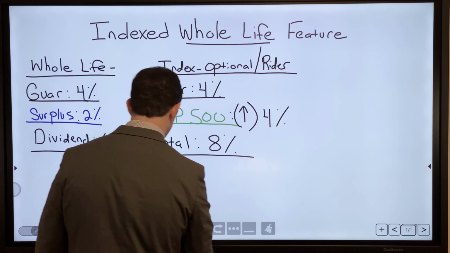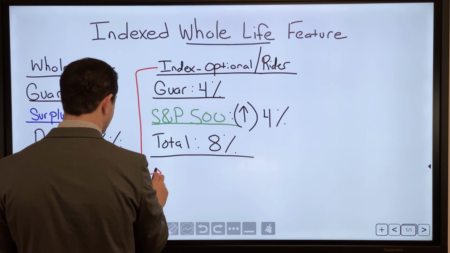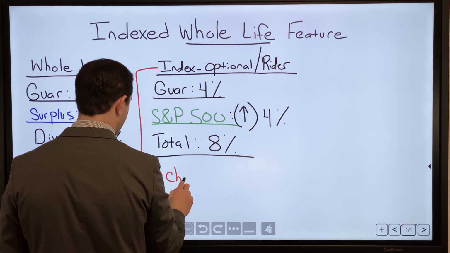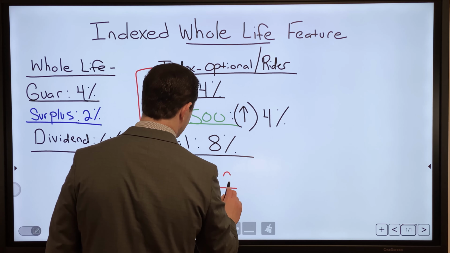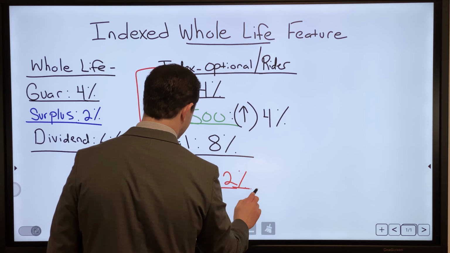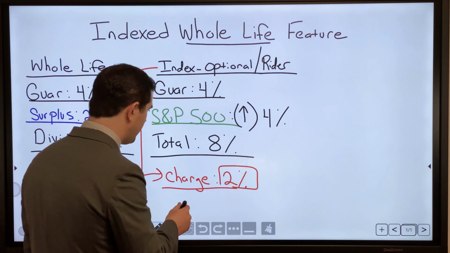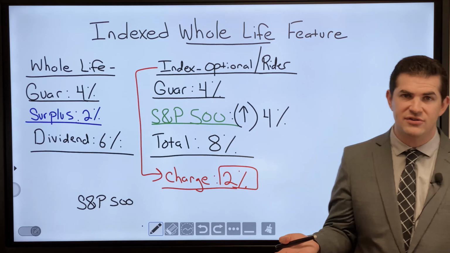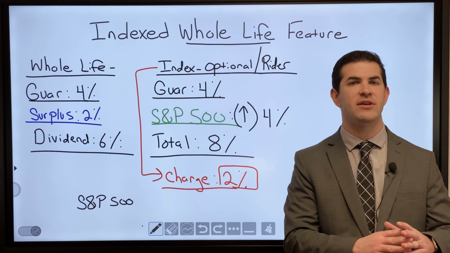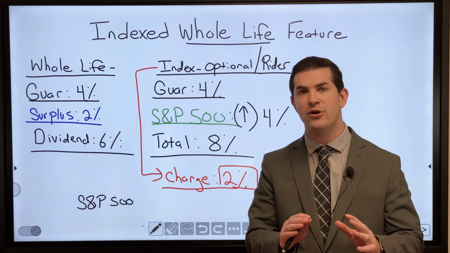Now, there is a catch here. With this index option, if I exercise it, there is a charge. With most companies, there probably always will be. We have seen right around a 2% charge. So what that means is if I have the indexed feature attached and exercise it, I can have it attached if it's not on.